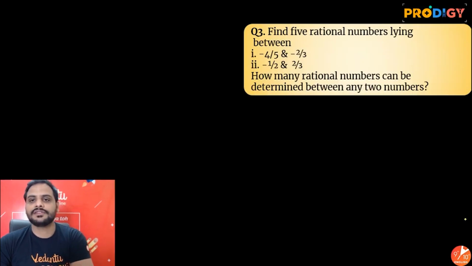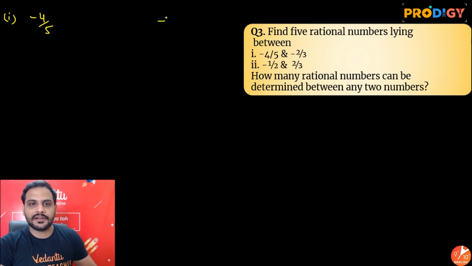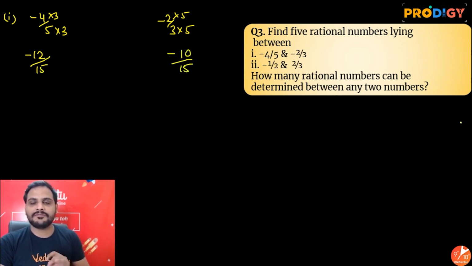Alright, next question. Find 5 rational numbers lying between -4/5 and -2/3. Okay, so -4/5 and -2/3, take LCM. Here multiply by 3 and by 3, here by 5 and by 5. So we have got -12/15 and here we have got -10/15. Alright guys, we want 5 rational numbers. Do one thing, simple. Multiply with 10, here also with 10.